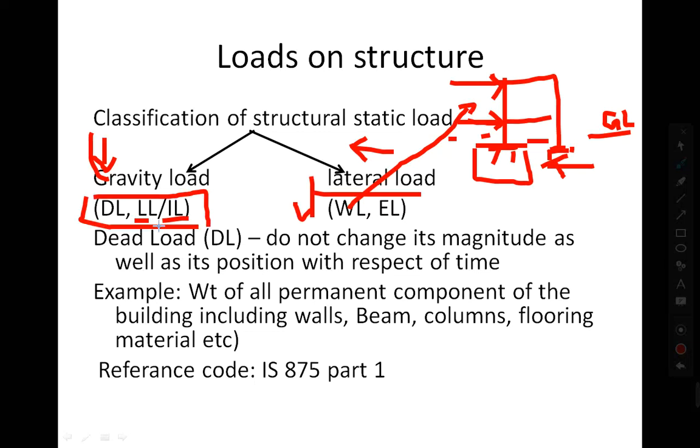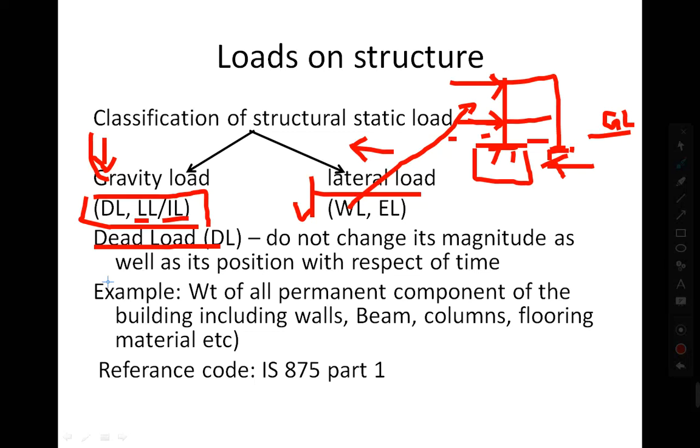Now, what is dead load? Dead load means it is a permanent load. The magnitude as well as position do not change with respect to time. Examples of dead loads are the weight of members and weight of structures, including walls, beams, and flooring material.